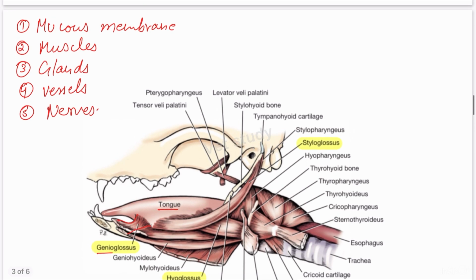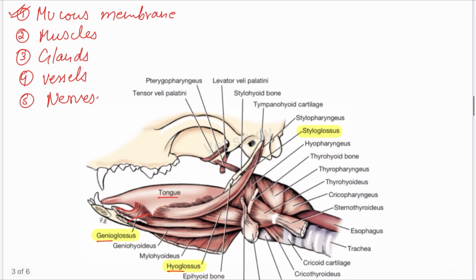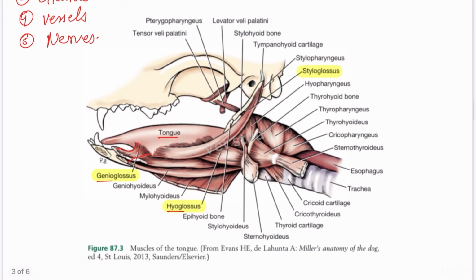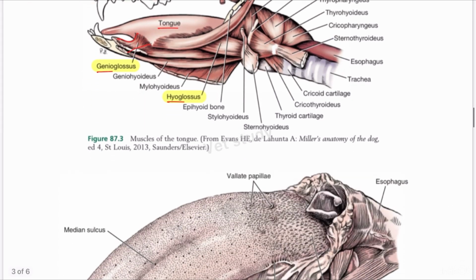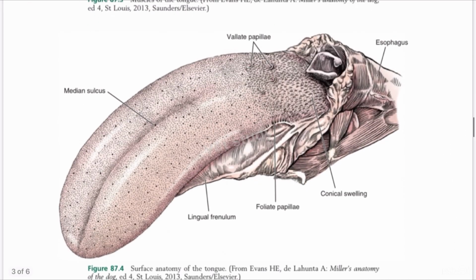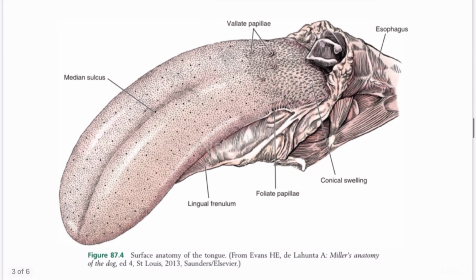Let's discuss first the mucous membrane. The mucous membrane is pigmented, and the fold of mucous membrane which connects the ventral surface of the tongue with the floor is known as the frenum linguae. Let me show you. This is the frenum linguae, or you can say the lingual frenulum. Different names can be given to this fold.